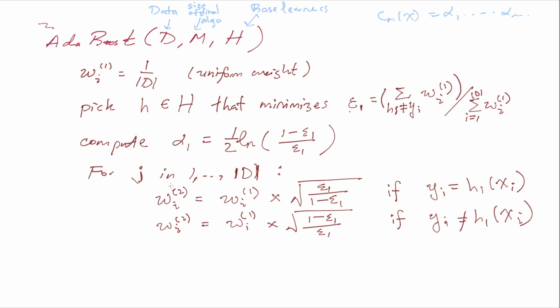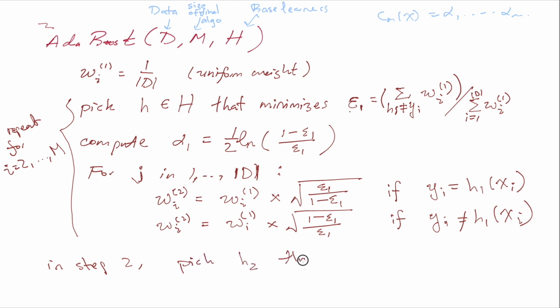Okay, and then you repeat this, repeat for i equals 2 to m. And obviously in the second step, in step 2, you pick h2 that minimizes epsilon 2, which is now the weighted loss, but the weights here are based on the mistakes of the previous learner, right?